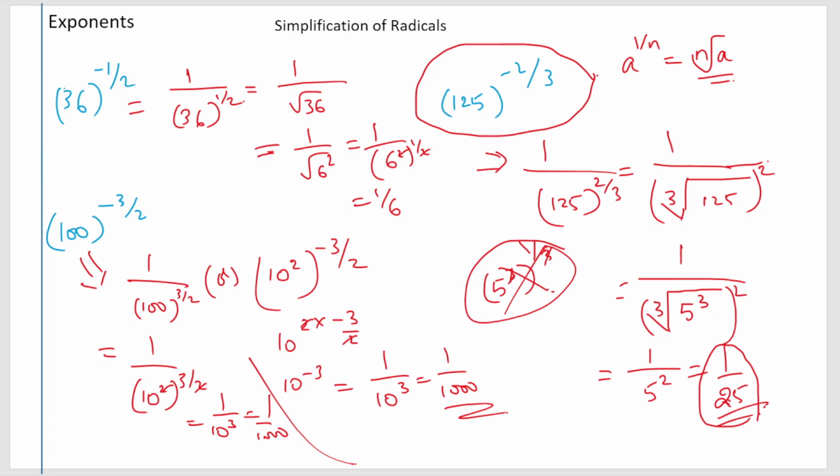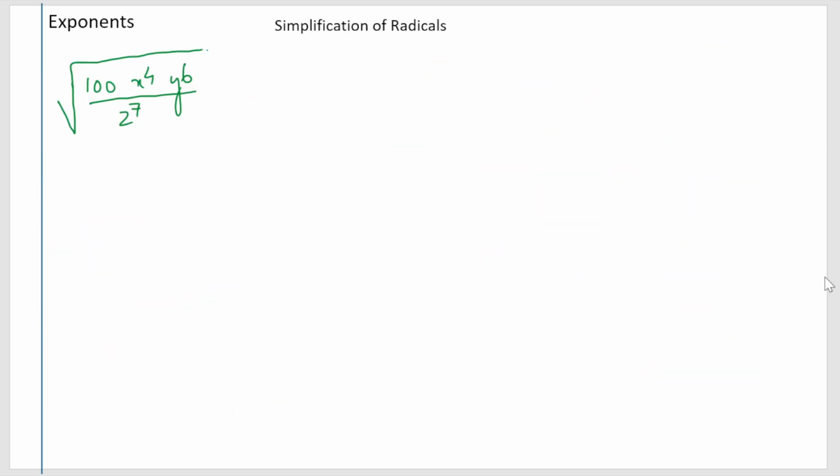Okay, let's move on to the next slide. I think you should try this example with your own hands or on paper so that you'll get some clarity on your doubts. So we should simplify this radical. You can simplify by factorizing the terms inside. What is 100 here?